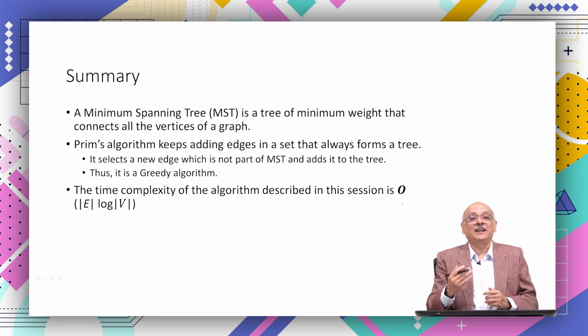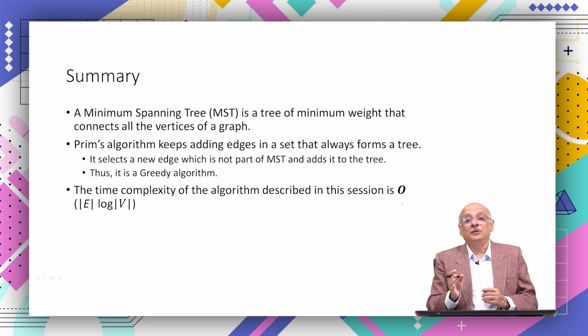So let us summarize what we have done in this particular session. A minimum spanning tree is a tree of minimum weight that connects all the vertices of a graph. Prim's algorithm keeps adding edges to a set that always forms a tree. Kruskal was not doing that.